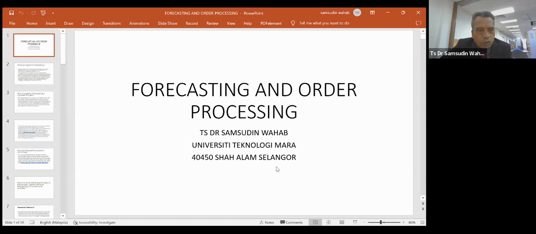Forecasting, in marketing or in whatever activities in our business, including logistics and transportation, the most important part is we have to make some assumptions on our future activities. This assumption on the future activities is the picture of forecasting.